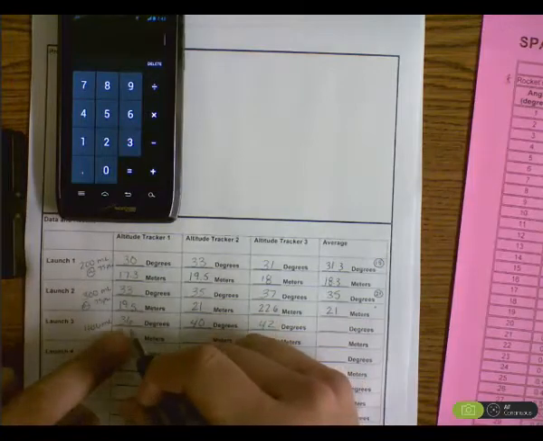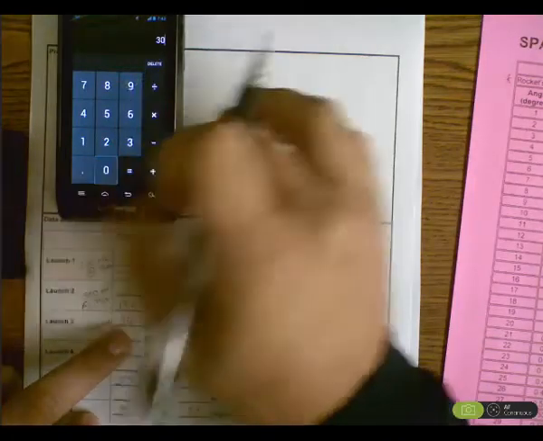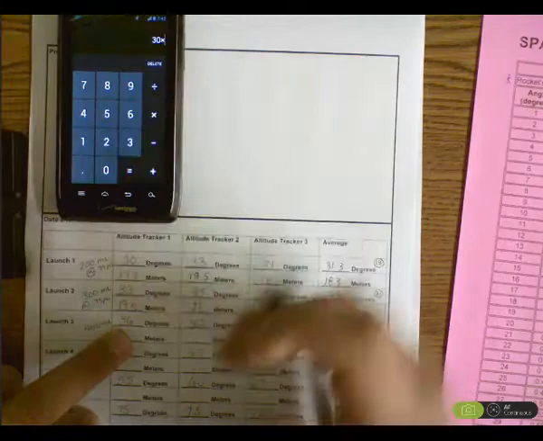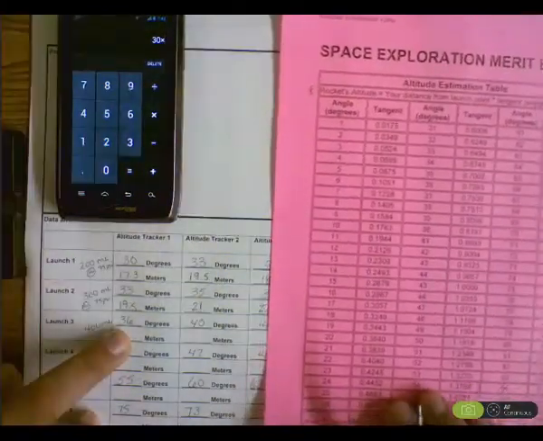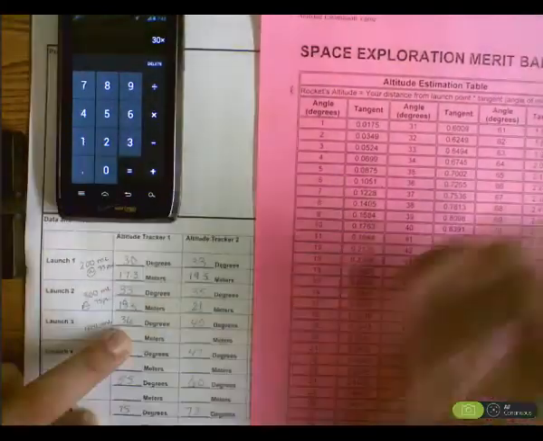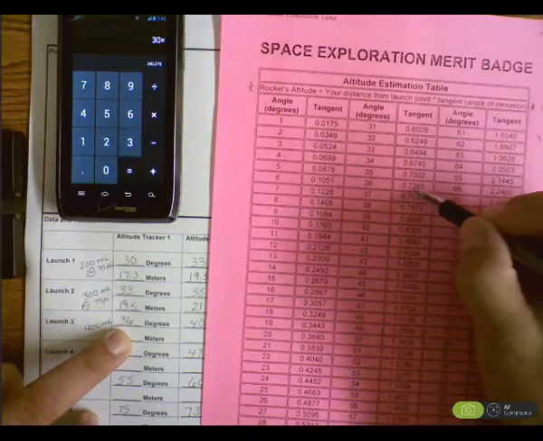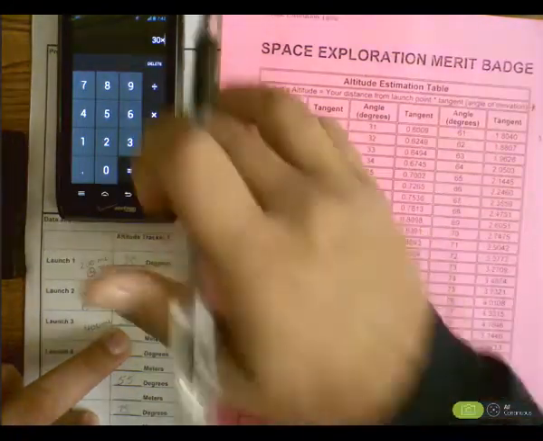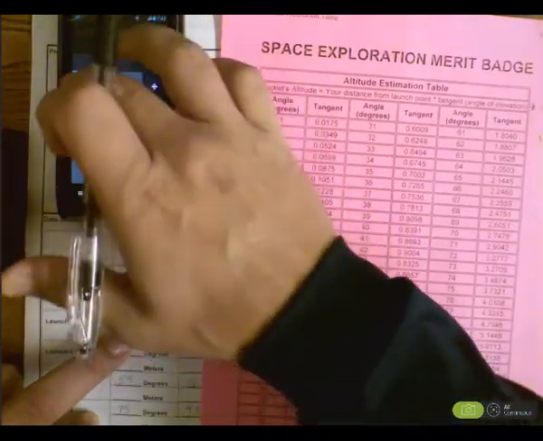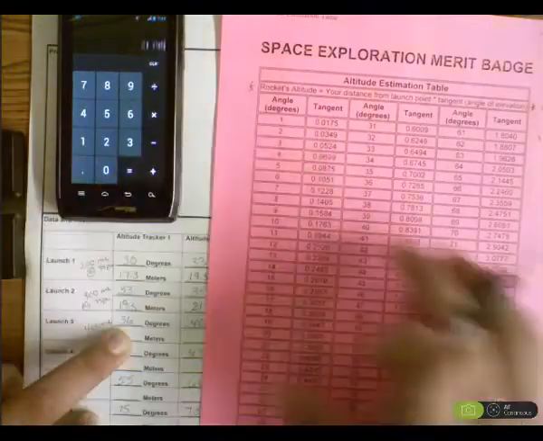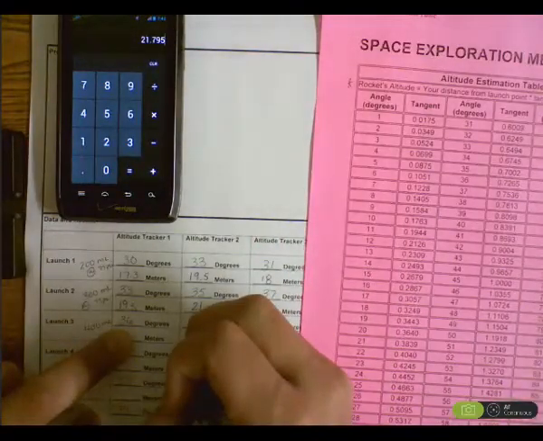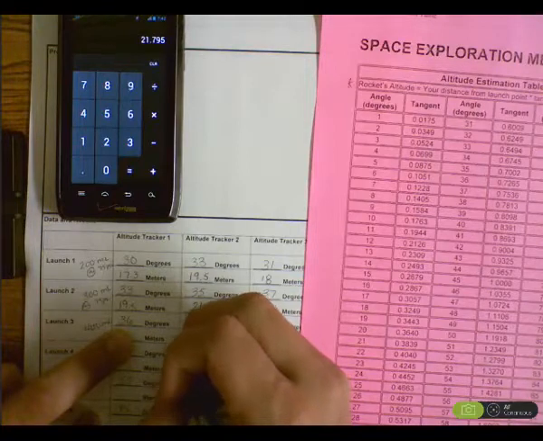So I've got 30 times, so I go 36 degrees, I find it in my chart, it's 0.7265. 21.79, so I'll round that to 21.8.